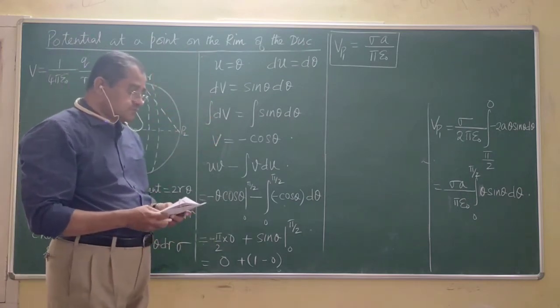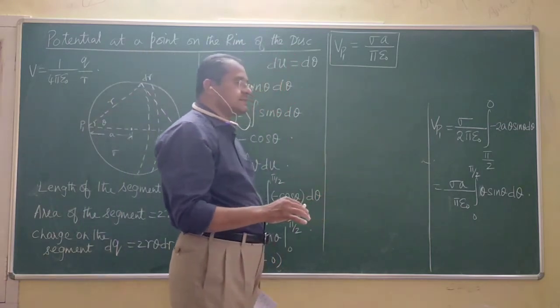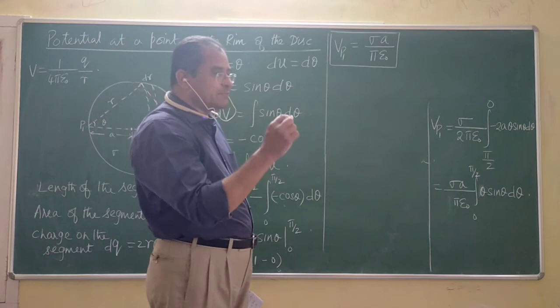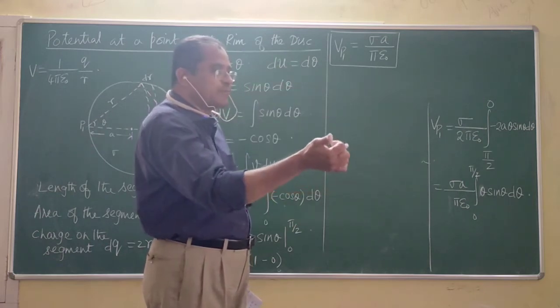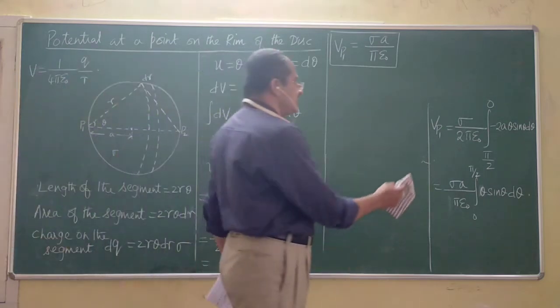Now, if you calculate, this is not in our syllabus, of calculating what is the potential due to the disk at some point along the axis. I am giving the formula to you.